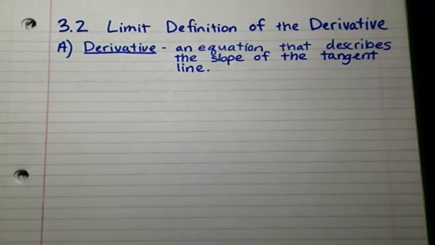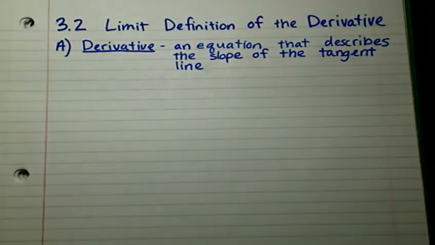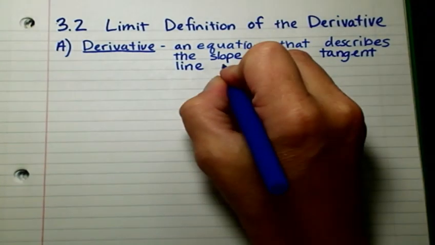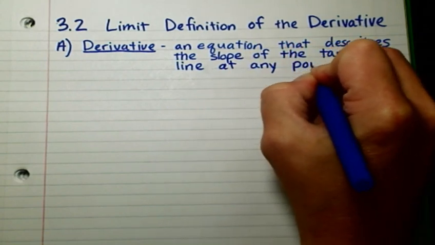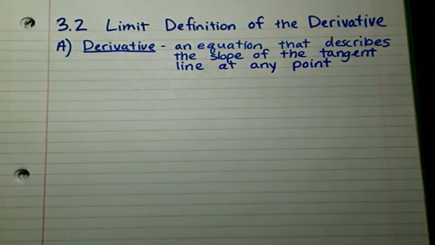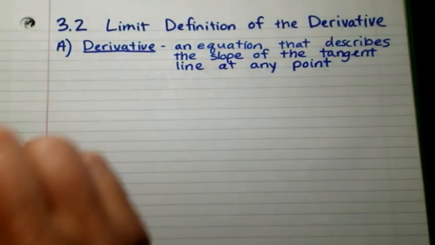Like, okay, but I don't know what a tangent line is. Right? So it does connect to geometry a little bit. An equation that describes the slope of the tangent line at any point.